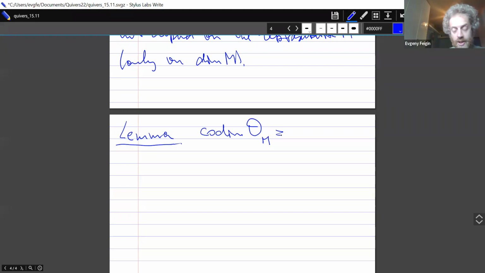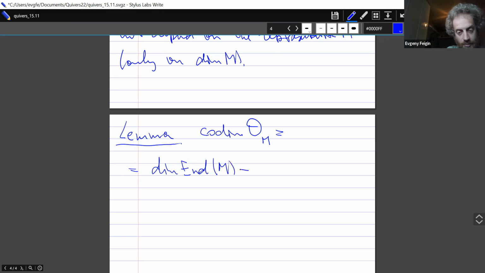So how to do this? The claim is that there are two ways to write this. First of all, this is the dimension of the endomorphisms of M minus q of the dimension of M.